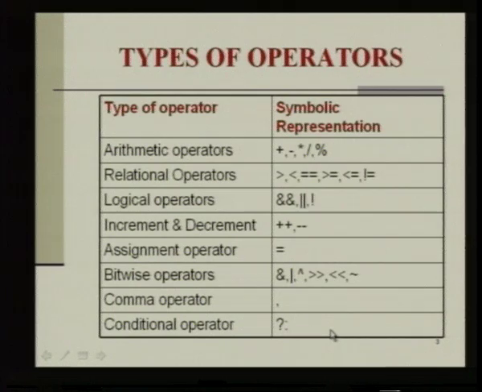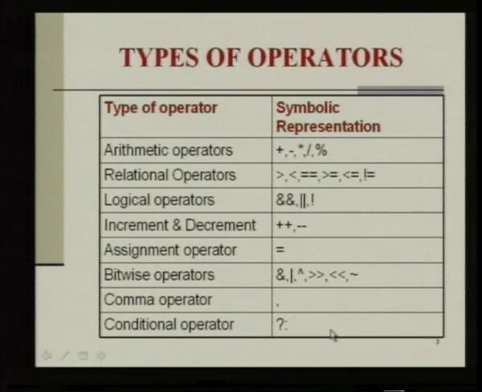We have the increment and decrement operators which come under the unary type which require just a single operand. And we have the assignment operator, bitwise operators, comma operator and conditional operator. So if you will see, we have a total of 8 different classifications of operators in C and their symbolic representations. Now first we will look at the arithmetic operators in C.